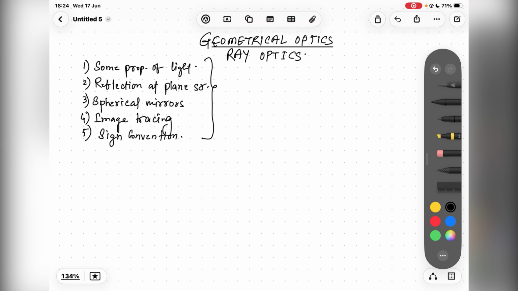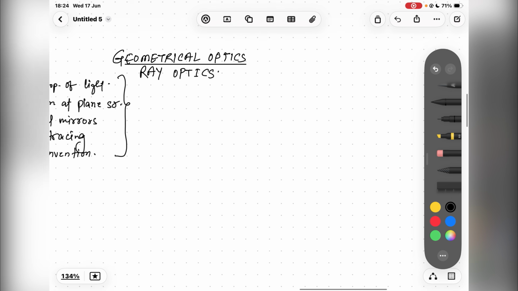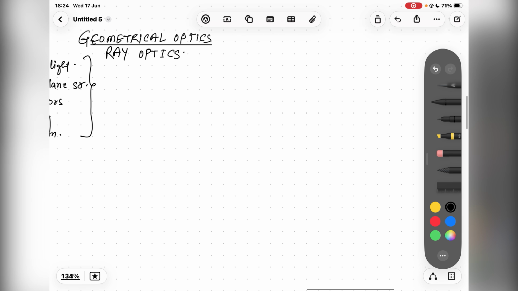So let's start with some properties of light. There are a few things that I want you to keep in your mind while understanding, reading the chapter. We know that light has two properties: wave nature and particle nature.